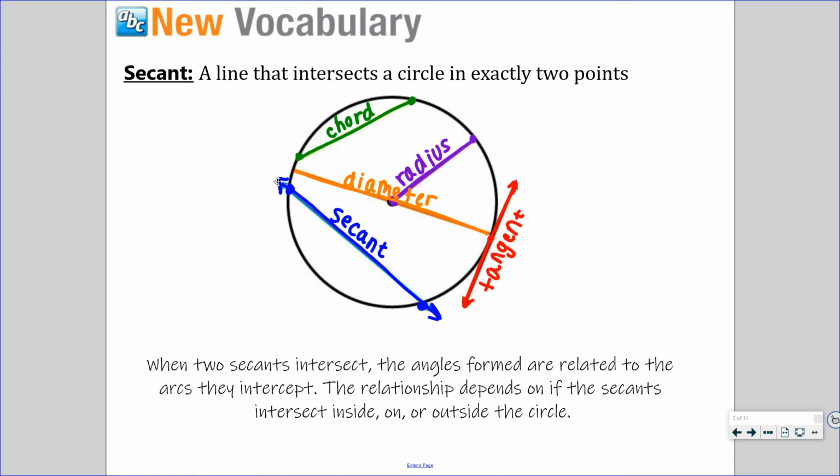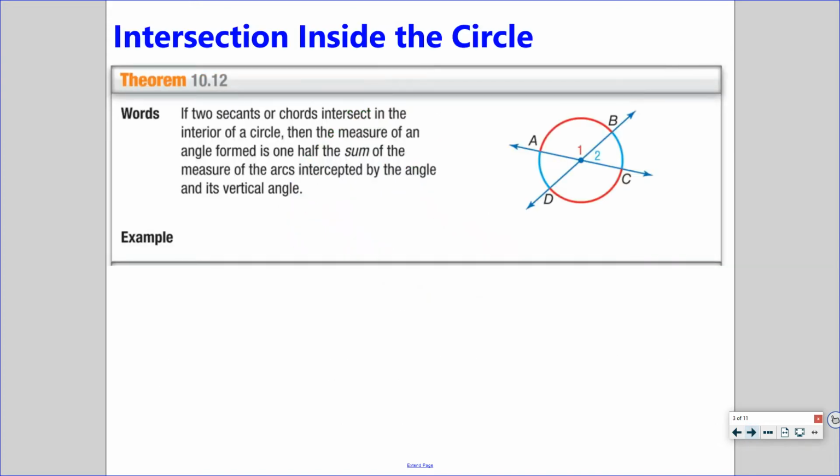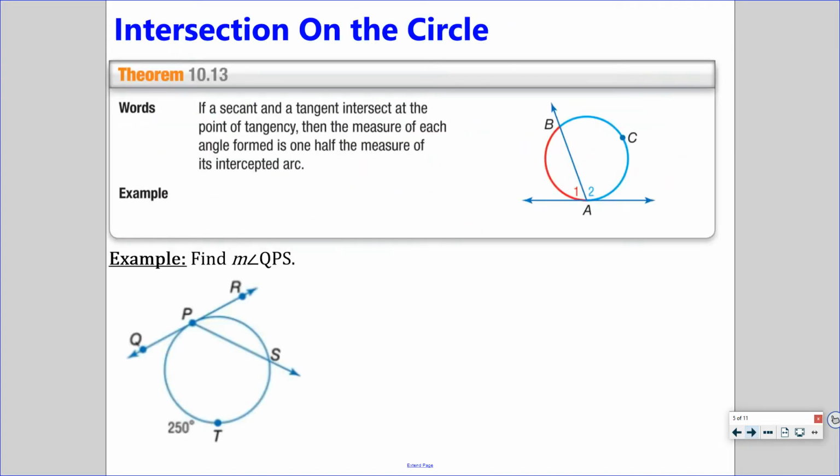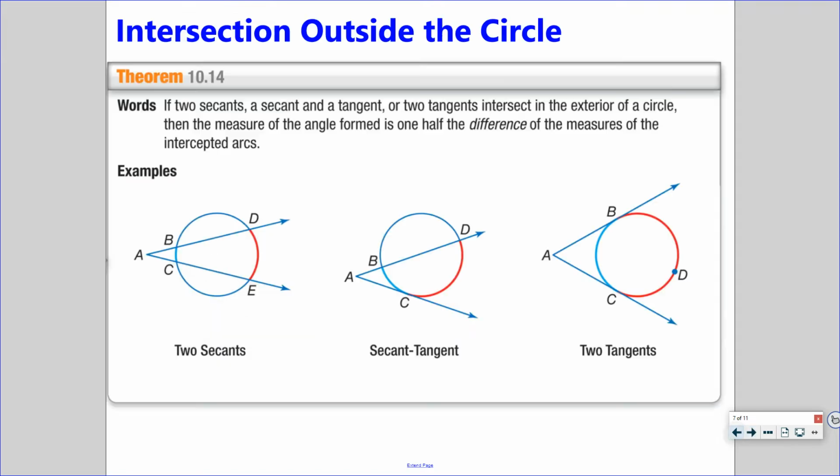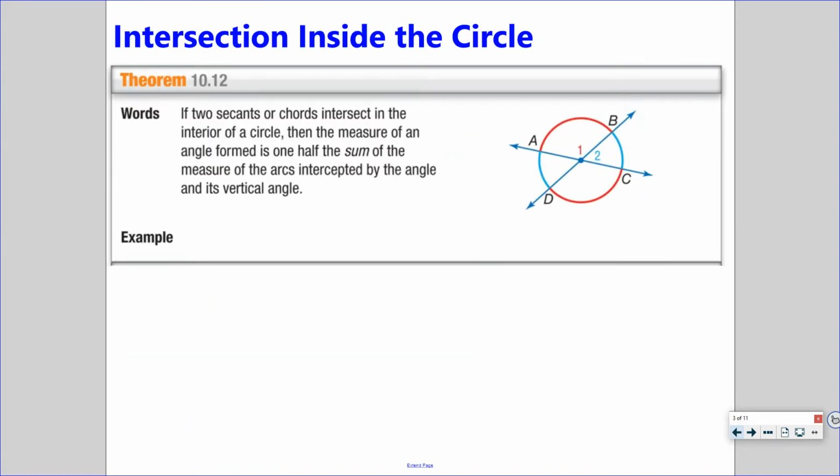So we're going to look at those special relationships. But it's dependent on where, in reference to our circle, they intersect. So if they intersect inside the circle, or on the circle, or outside the circle, there's a special rule for each. All right, so we're just going to work our way through those three, starting with inside the circle.